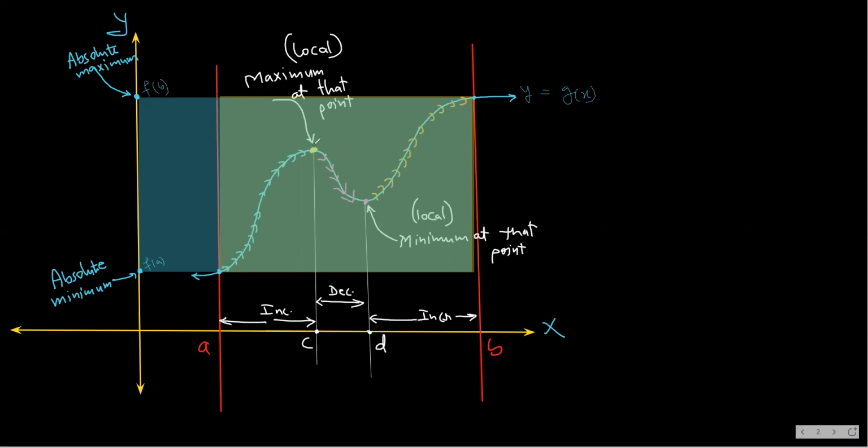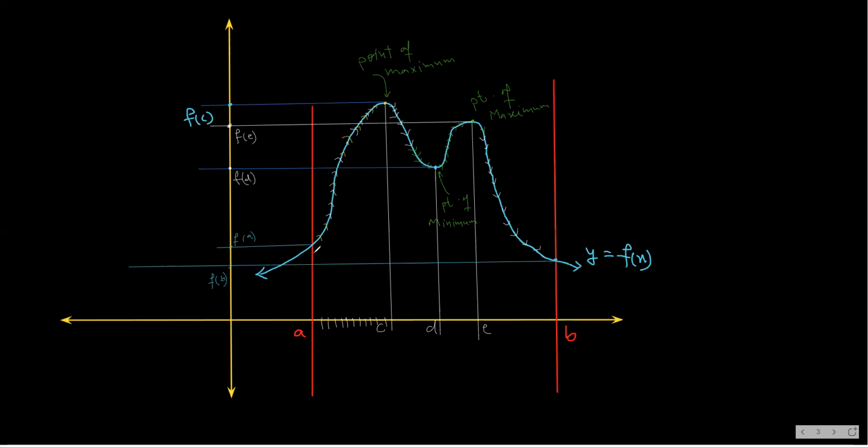The point of maximum, the local maximum where it occurred, what we noticed was that it was lesser than the absolute maximum. And the point where the local minimum occurred, that was greater than the absolute minimum. But here the case is slightly different.